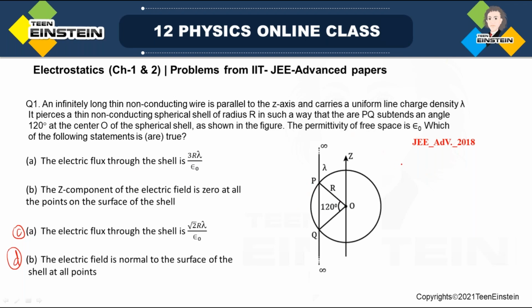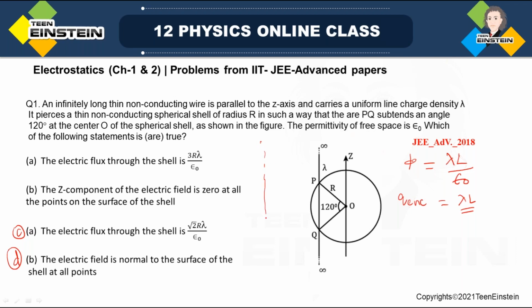We know for a long line charge, the electric flux through a closed surface is lambda L by epsilon naught, where lambda L is the charge enclosed. But the question is, what is this L? See, the wire will always be infinite.